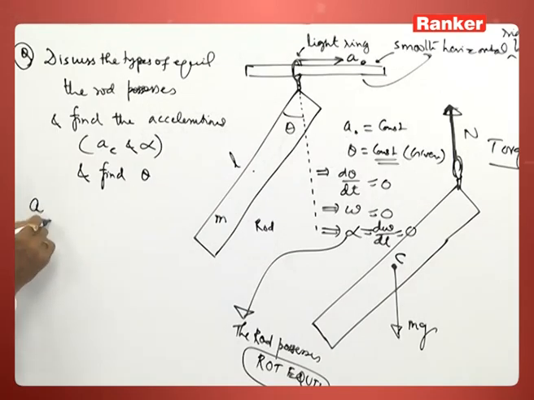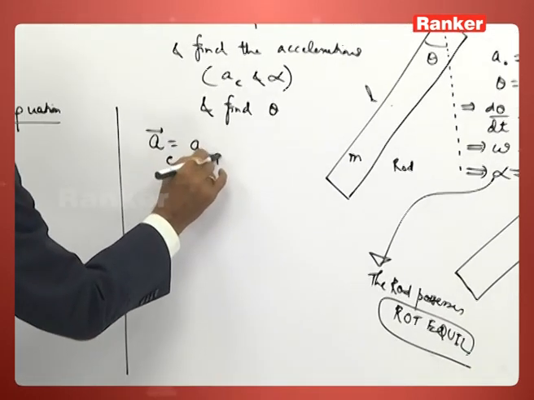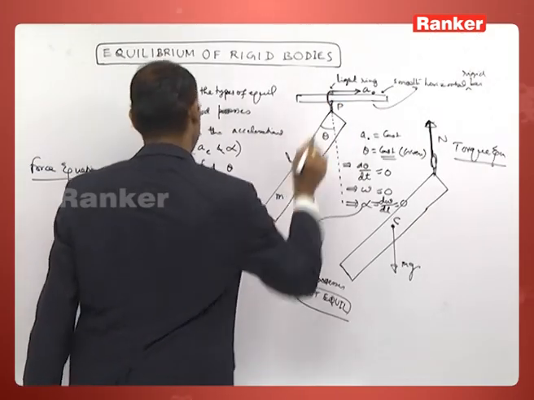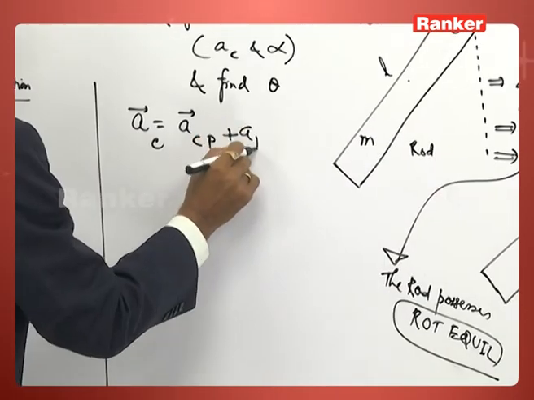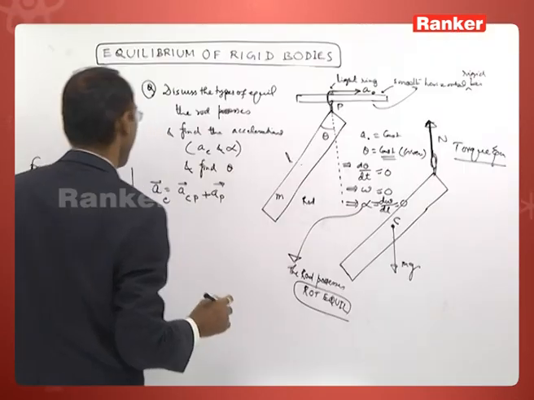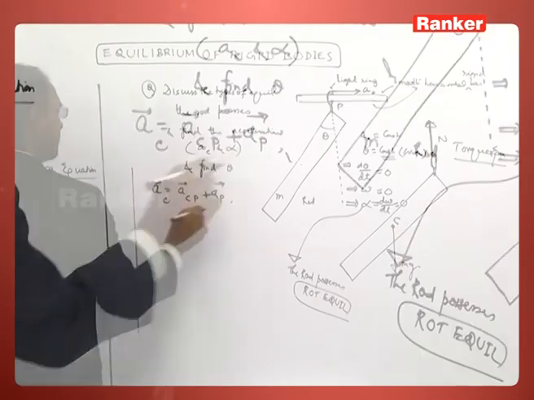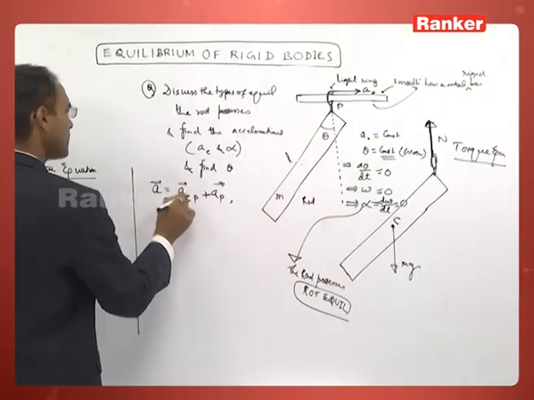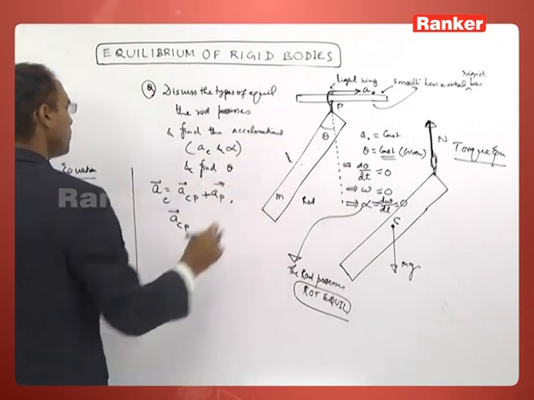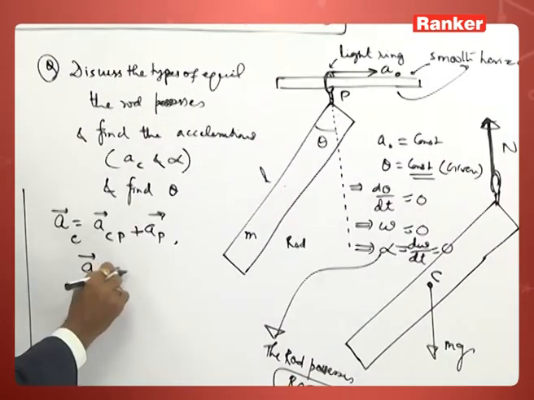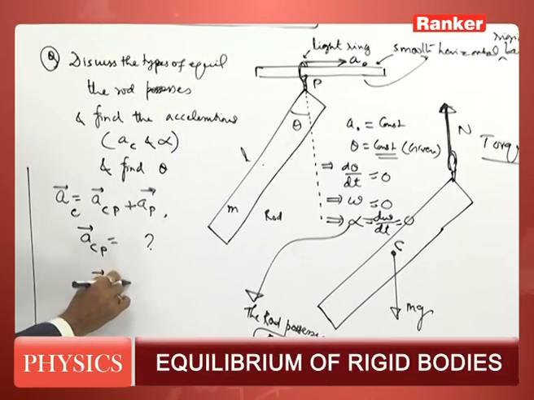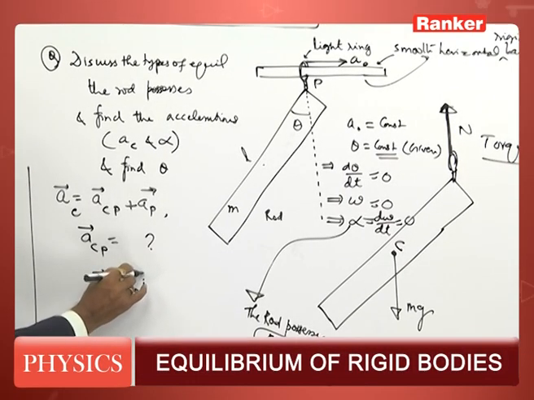The acceleration of the center of mass of the rod is equal to acceleration of the center of mass with respect to the ring point P plus acceleration of this point P. Now we need to calculate acceleration of the center of mass with respect to the ring, where the acceleration of the ring is given as a naught i cap.